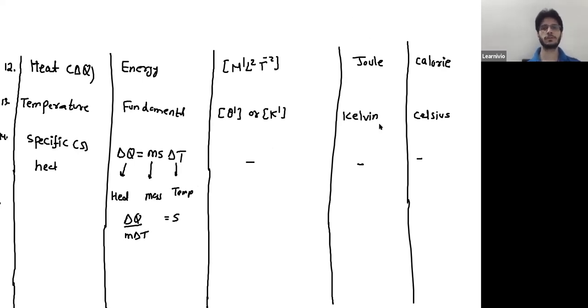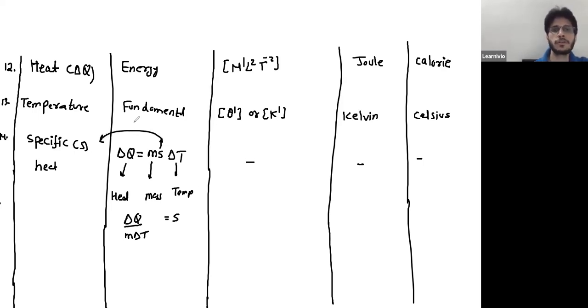So what is s in this formula? s is specific heat. M is mass, s is specific heat.